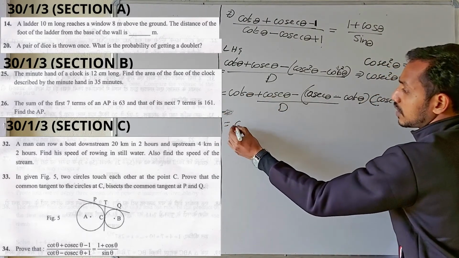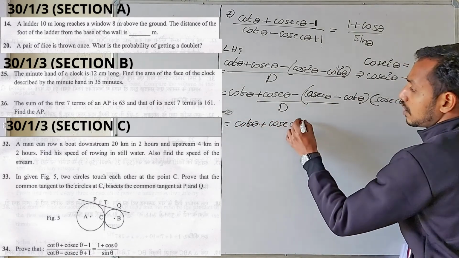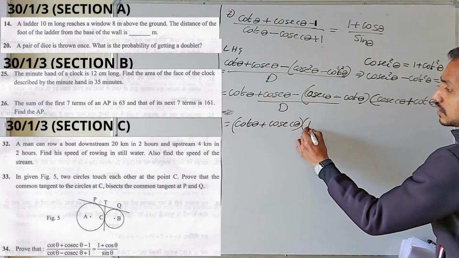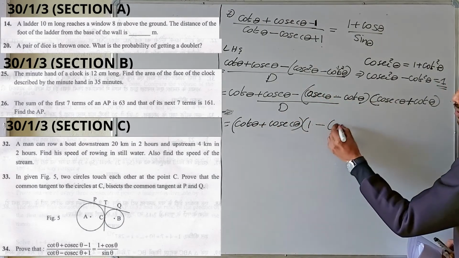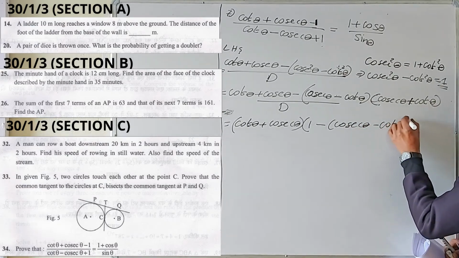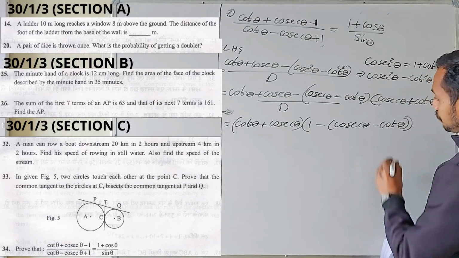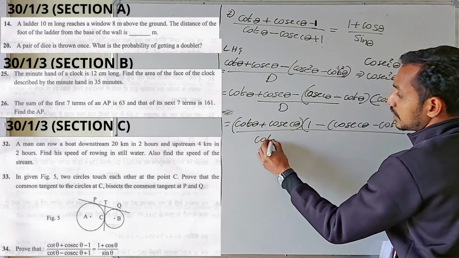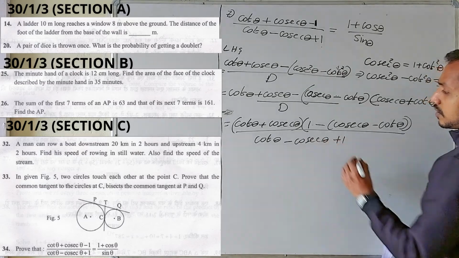Taking cot theta plus cosec theta outside, what do we get? Remaining is 1 minus the term cosec theta minus cot theta, divided by the denominator cot theta minus cosec theta plus 1.